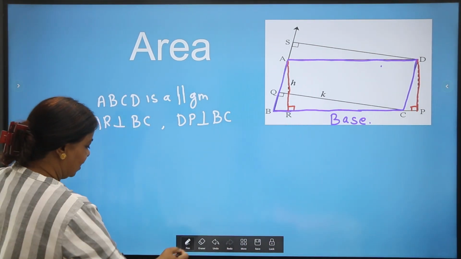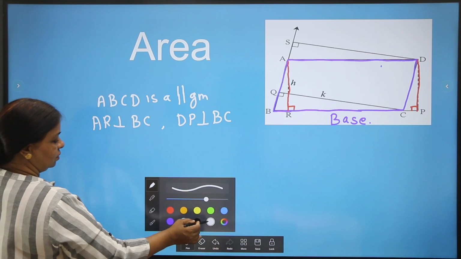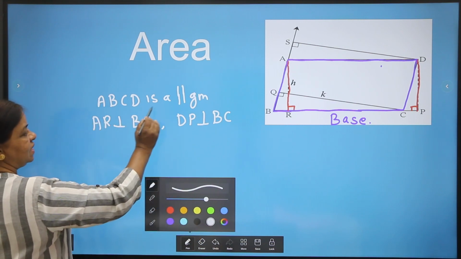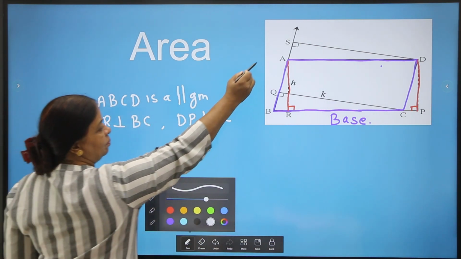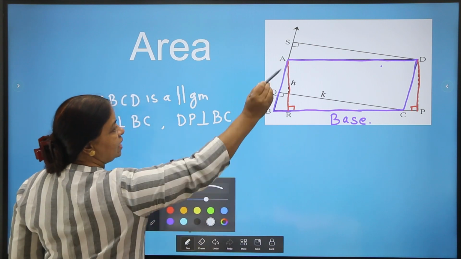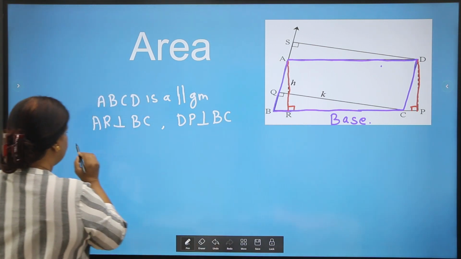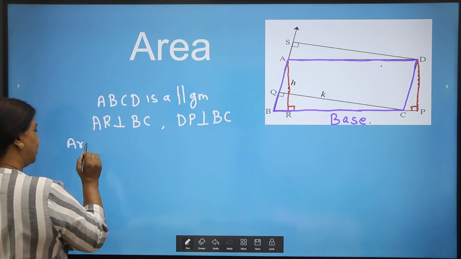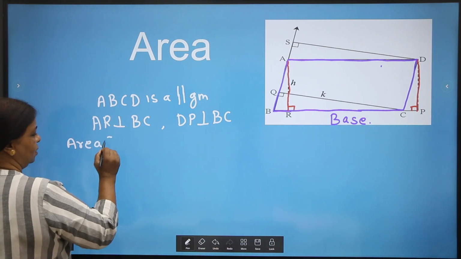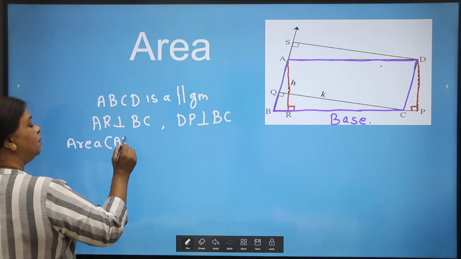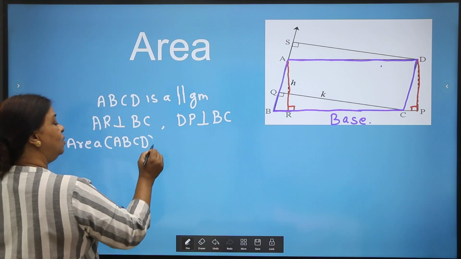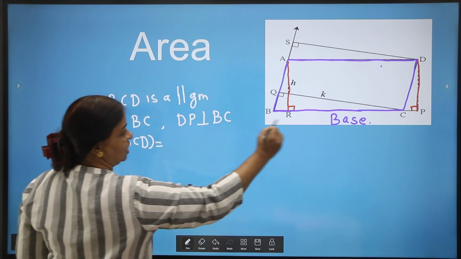Okay, let me write the area. When ABCD is a parallelogram, AR is perpendicular to BC and DP is perpendicular to BC, at that time area of ABCD will be what? Area of ABCD will be base into height.